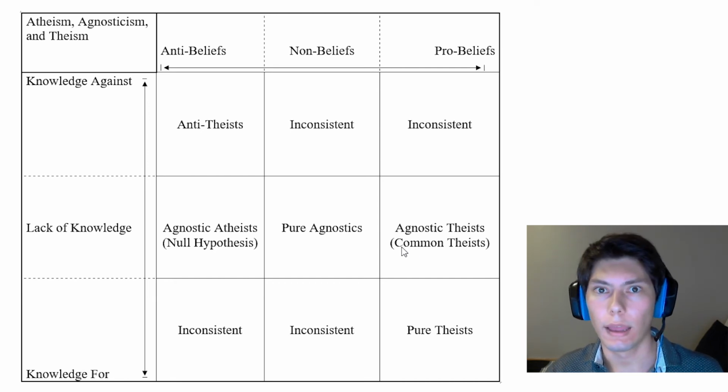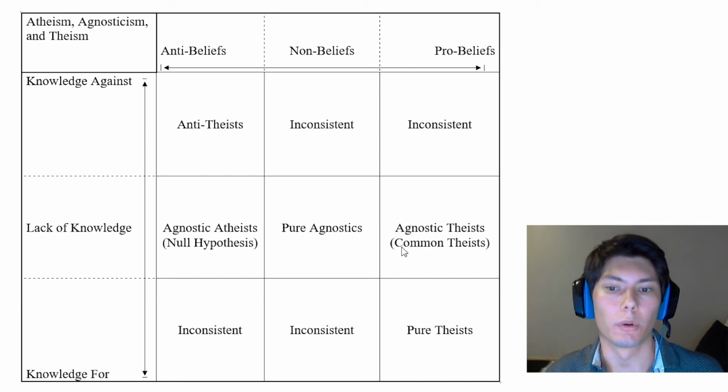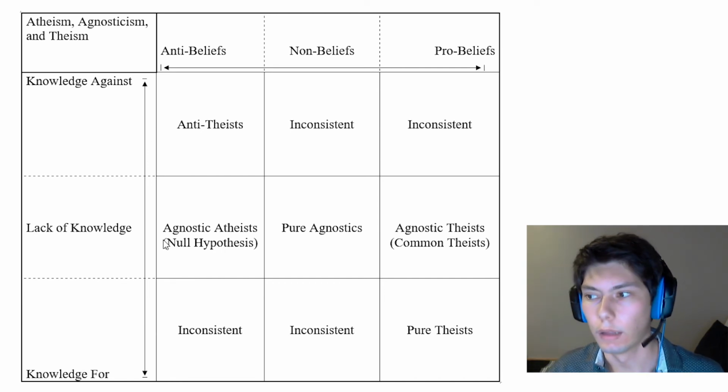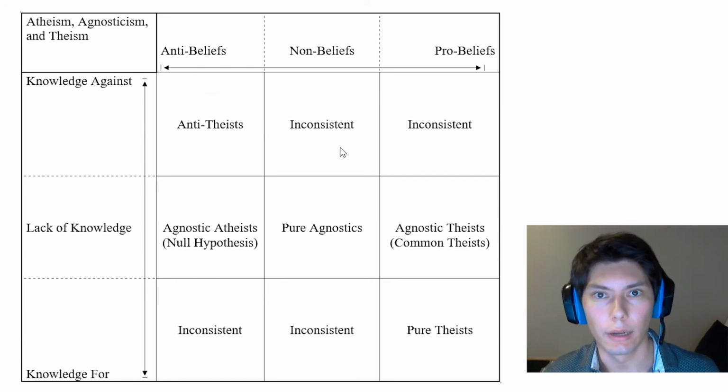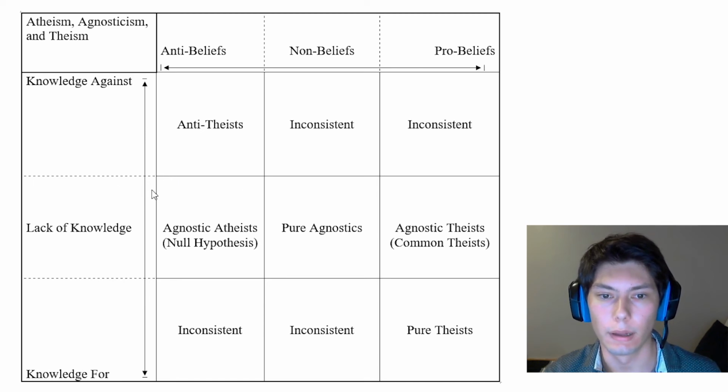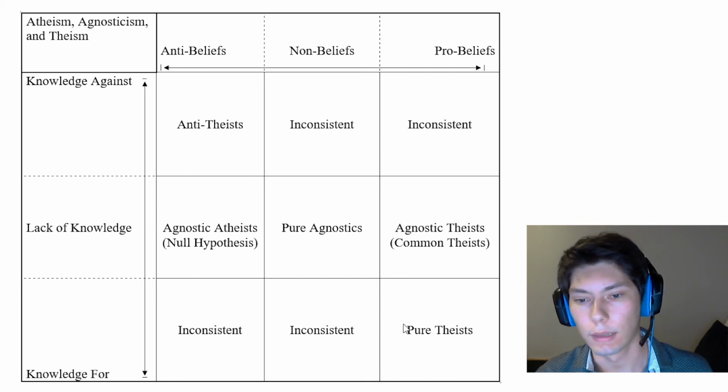And of course, as you develop more knowledge or gather more data, because these are axes, you can go up or down or side to side on them. So we could say that someone up here on the knowledge against a proposition would have more knowledge, or would be getting closer to omniscient knowledge against a proposition. And the same thing would be the case for the theists.